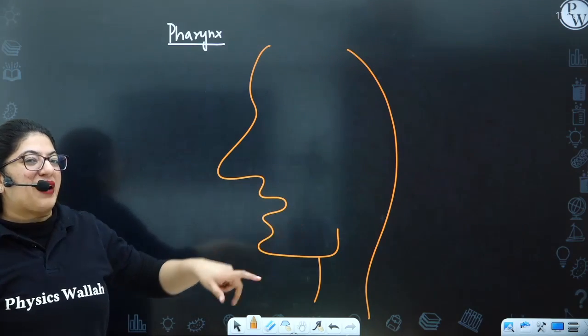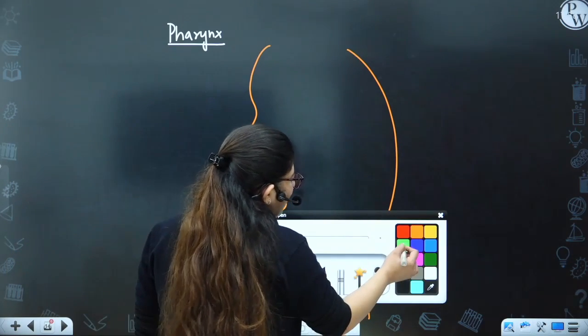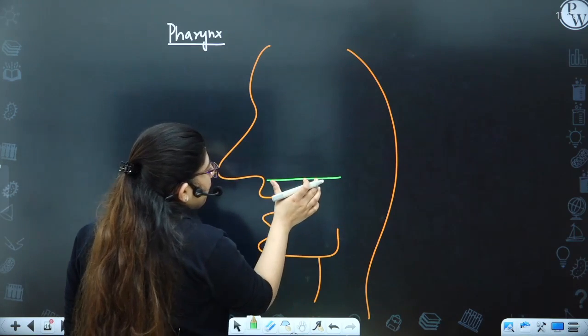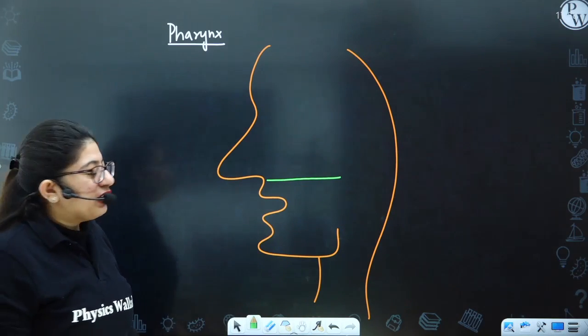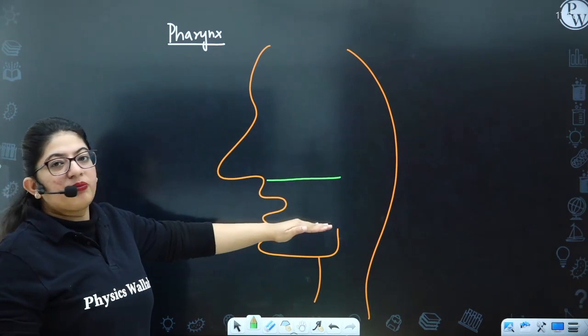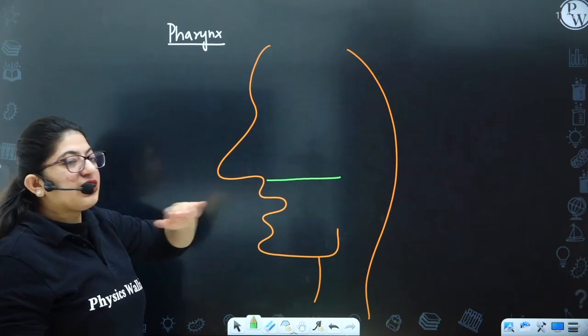Here you have the buccal cavity, and in the buccal cavity you have this area known as the palate. So the palate is dividing your nose portion and your buccal cavity. Fine. So there is a demarcation.